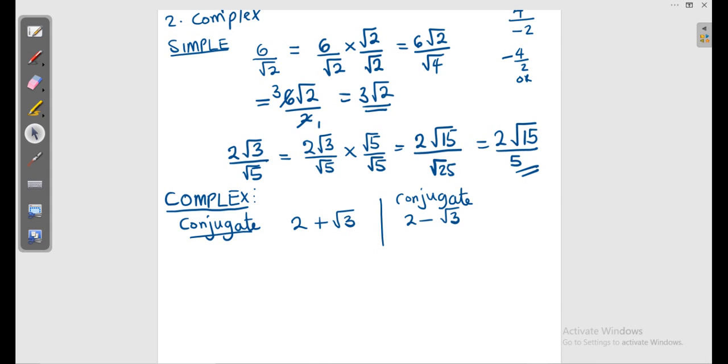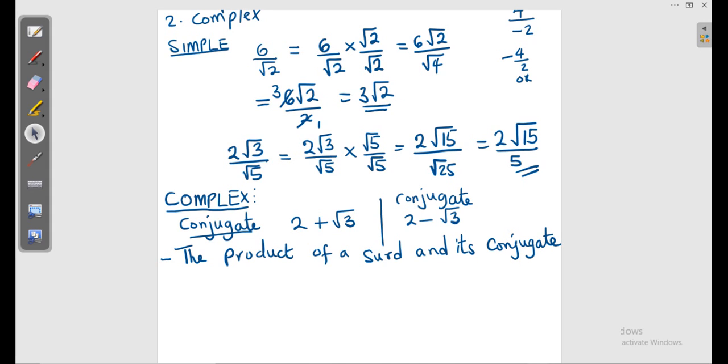That's really important for you to know, because don't forget that the product of a surd and its conjugate gives a rational number.